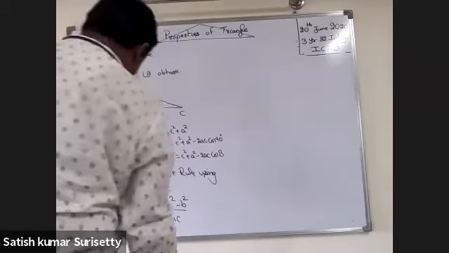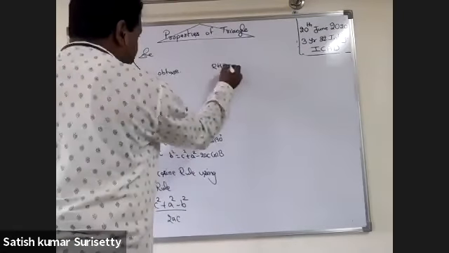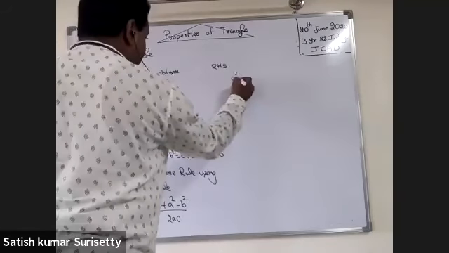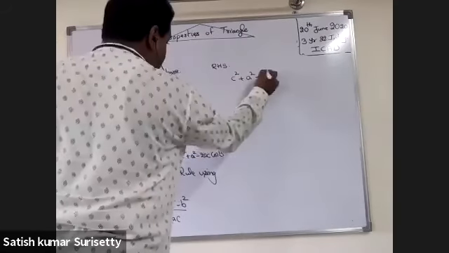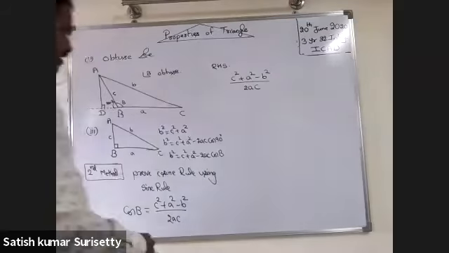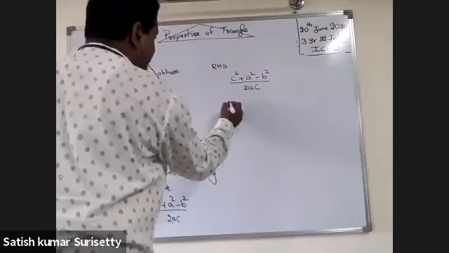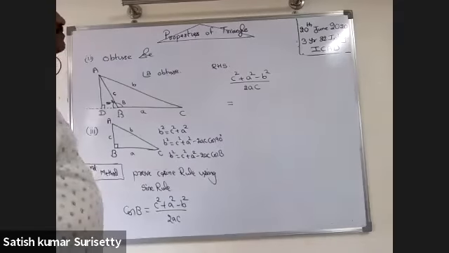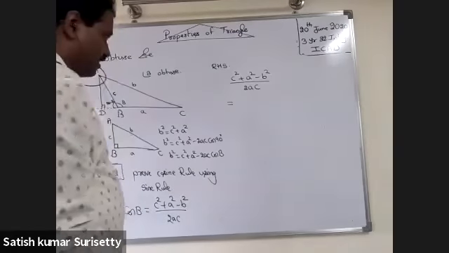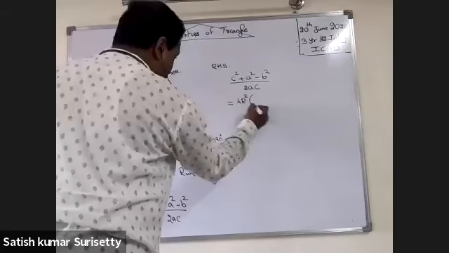Now, take the right hand side: c square plus a square minus b square upon 2ac. Now, using sine rule, what is c square equal to? 4R square sine square C. So 4R square will be common entirely.